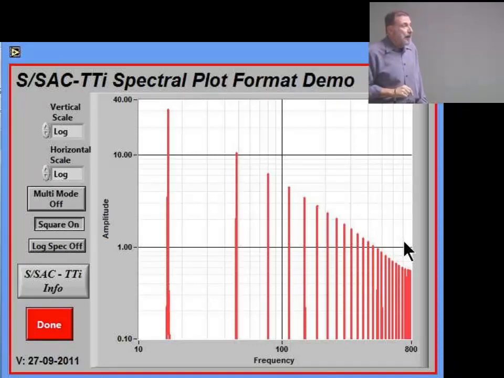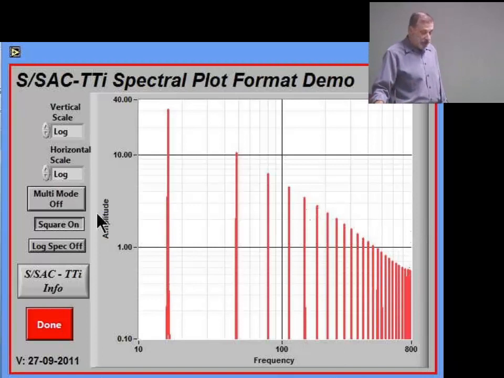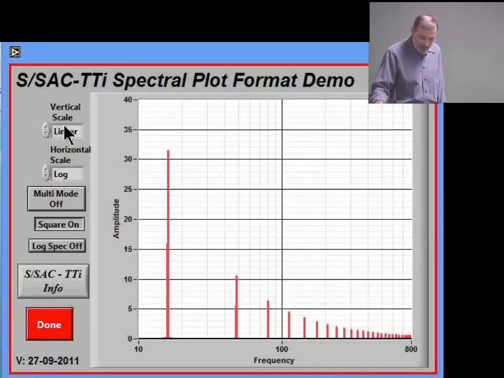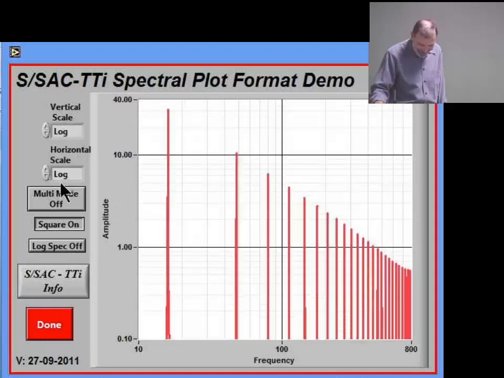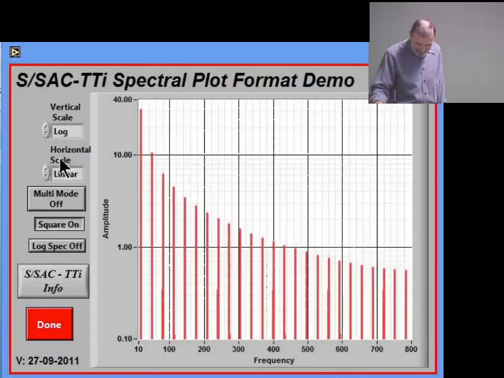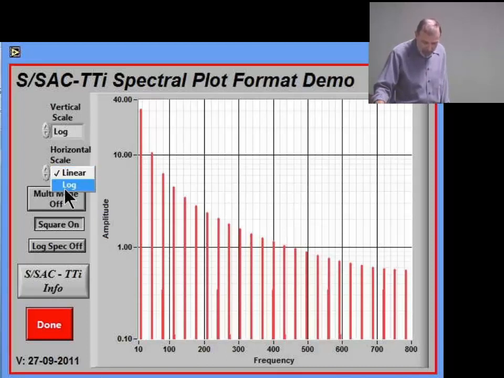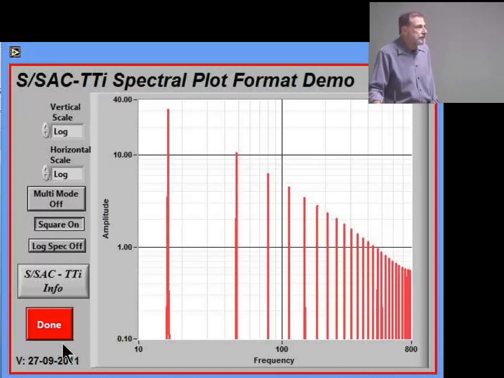And when I plotted this in log space, it was very obvious that this was going on. If I do it in linear space, I can't even see it vertically. It doesn't show at all. So in this particular case, I want to use log scaling.